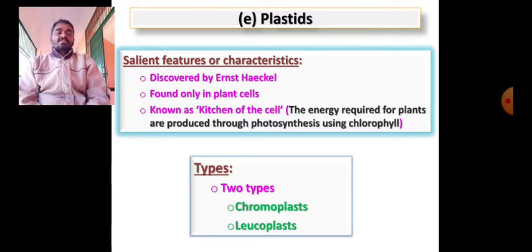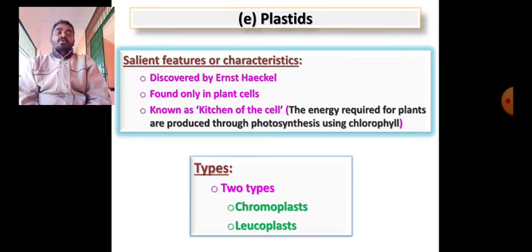And these plastids are involved in production of food. So they are called kitchens of the cell. So many nicknames I am sharing with you. Why these nicknames? As I already mentioned, in a number of entrance tests and different kinds of competitive examinations, they will test you by the nickname. They will not ask the question directly, like describe the structure of the kitchen of the cell.